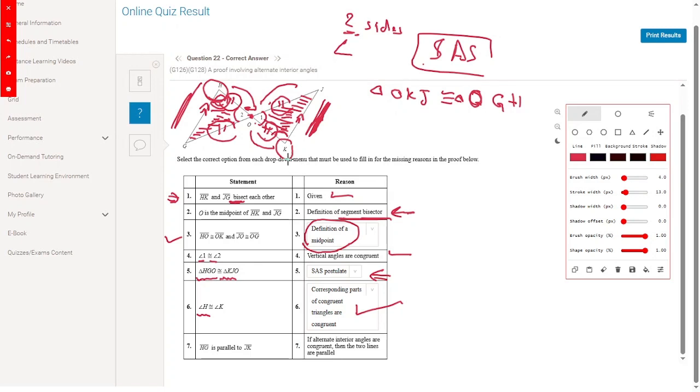If alternate interior angles are, for example, between this line and the other line with this transversal, and they are congruent, then the two lines are parallel.